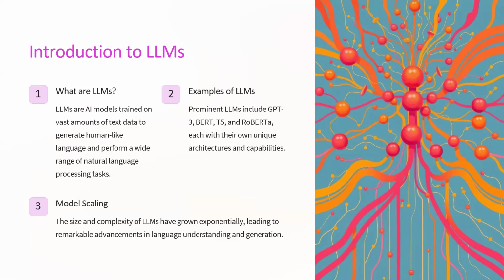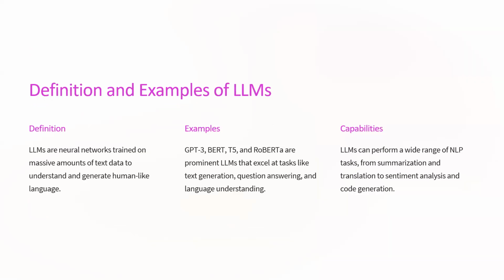Under model scaling, the size and complexity of LLMs has grown exponentially, leading to advancement in language understanding and generation. So we can scale our model based on their size and complexity.